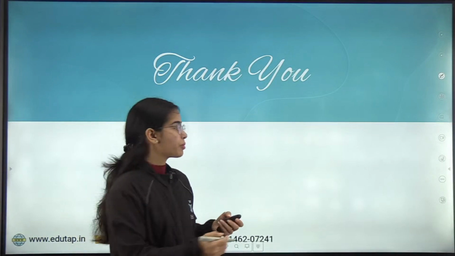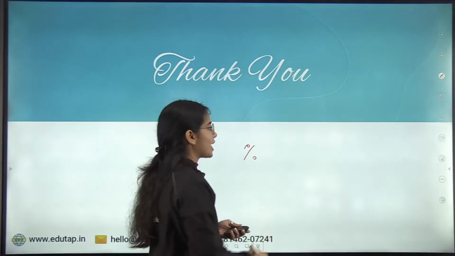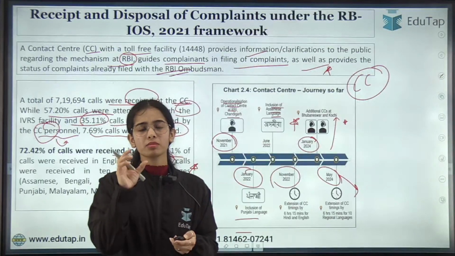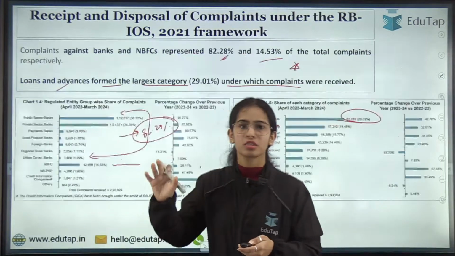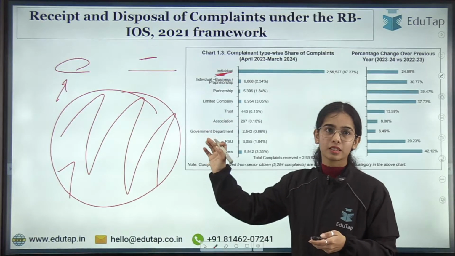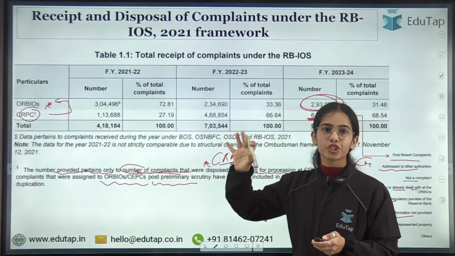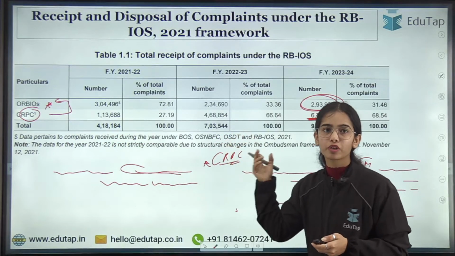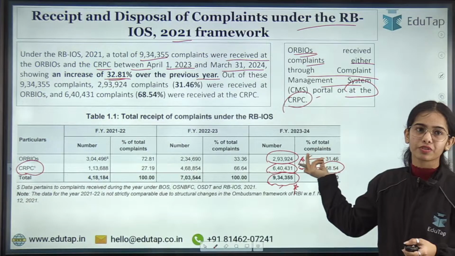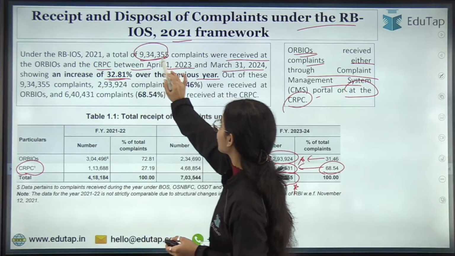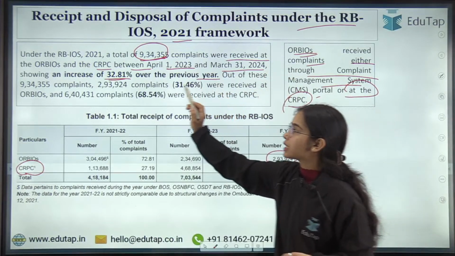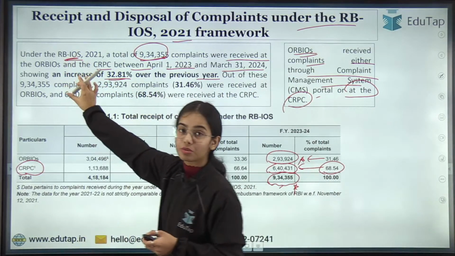So this is it. Remember the percentages as well as some numbers, such as the total number of complaints. Like in the initial part we discussed what the total number of complaints was. So 9,34,335. This was the total number of complaints received under the Reserve Bank Integrated Ombudsman Scheme.